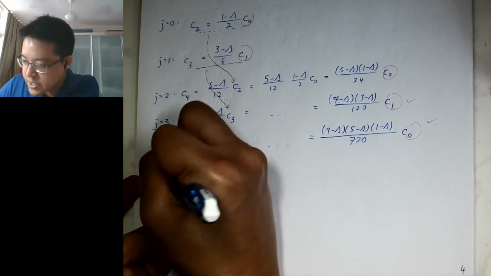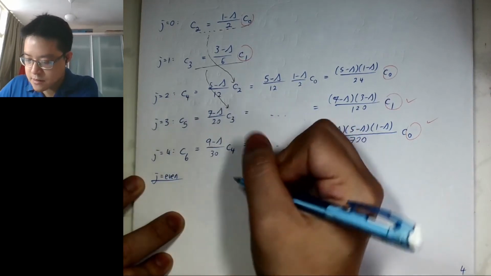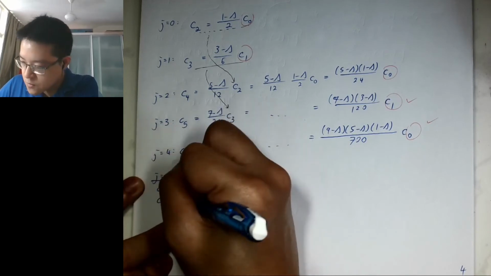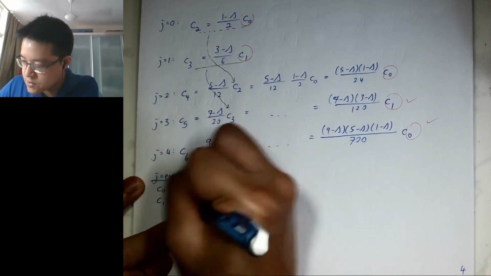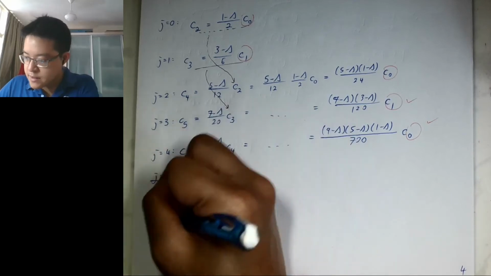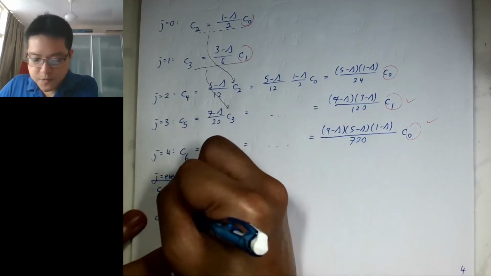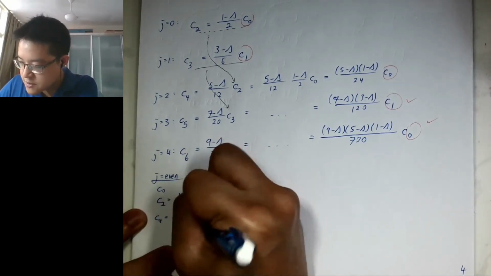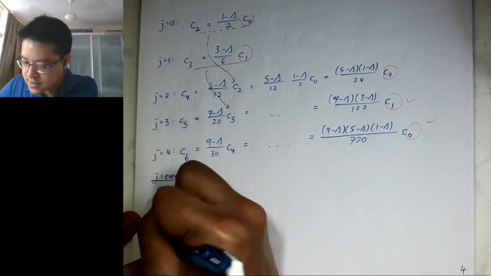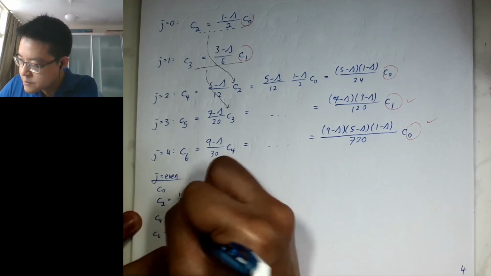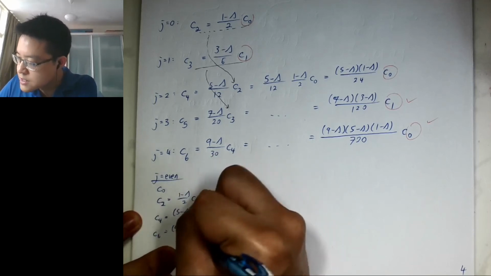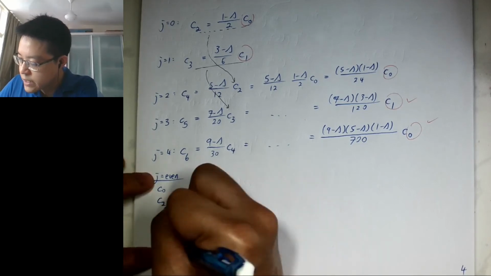So let me just list this down. For j even, just to emphasize this, we got c2 is 1 minus lambda over 2 c0. C4 is equal to 5 minus lambda, 1 minus lambda over 24 c0. C6 was 9 minus lambda, 5 minus lambda, 1 minus lambda over 720 c0, and you can keep on going.